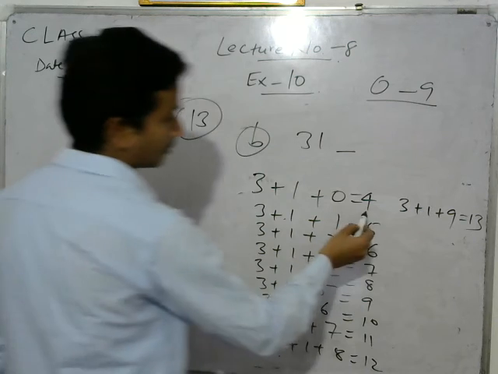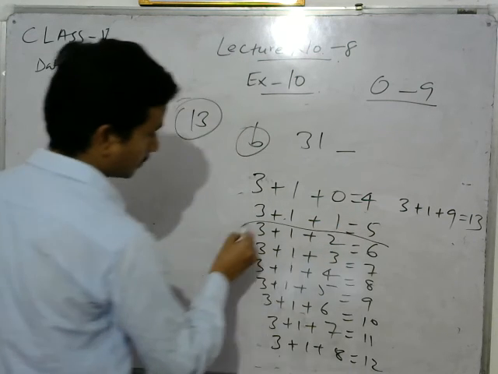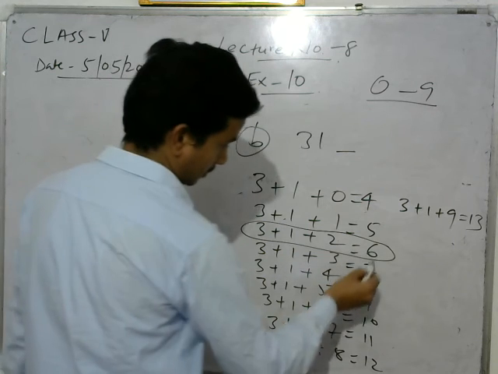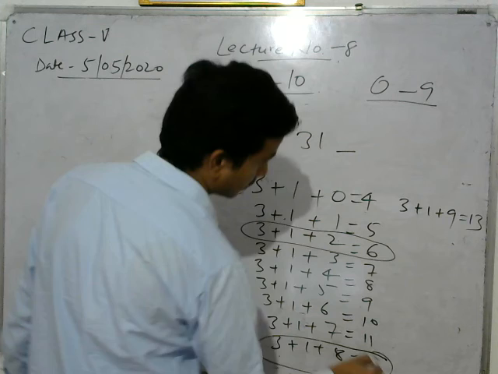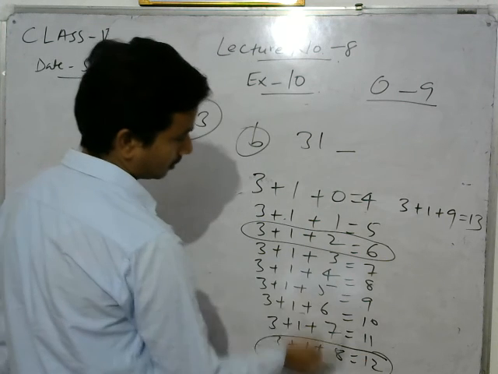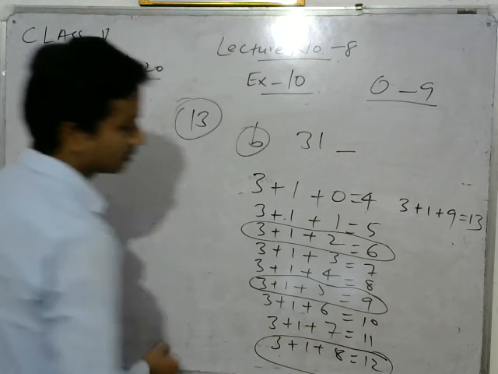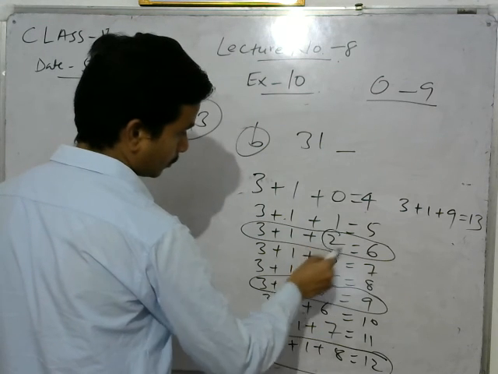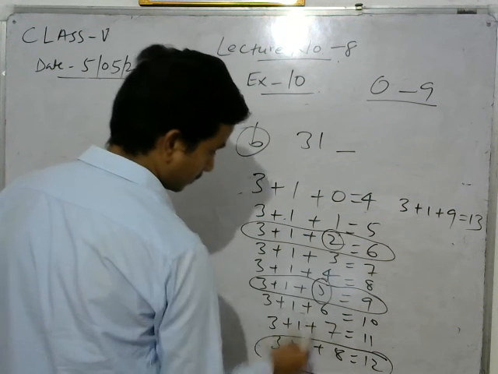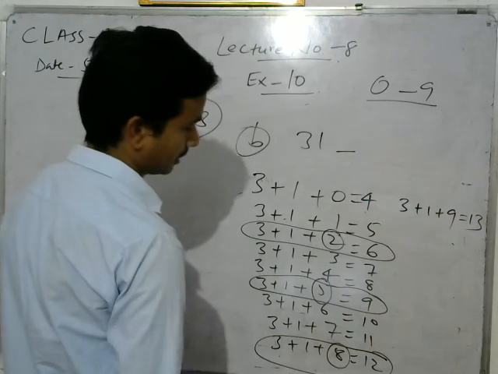So which number is divisible by 3? 6 is divisible by 3, and 12 is divisible by 3. Okay, and also 9 is divisible by 3. So if you put 2, 5 and 8, then only it will be divisible by 3.